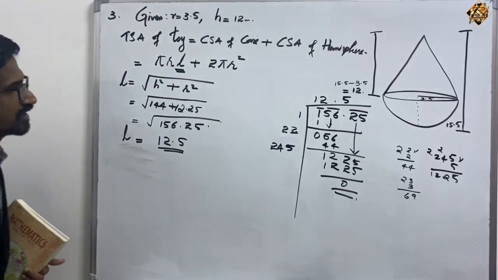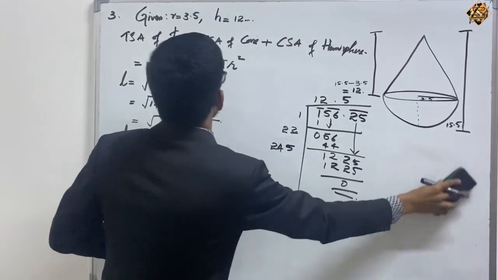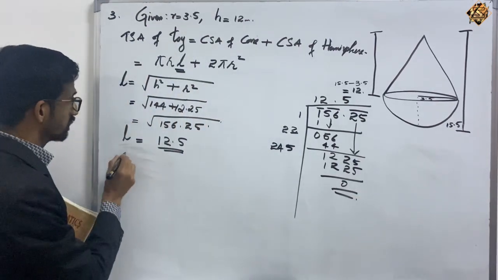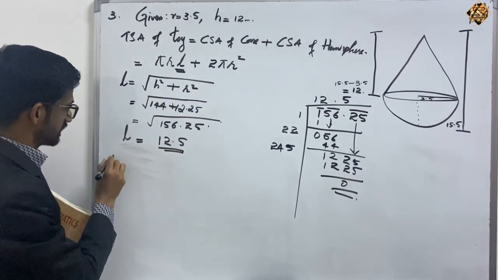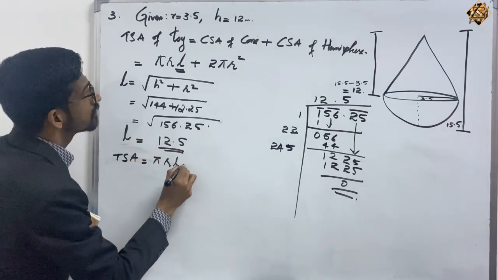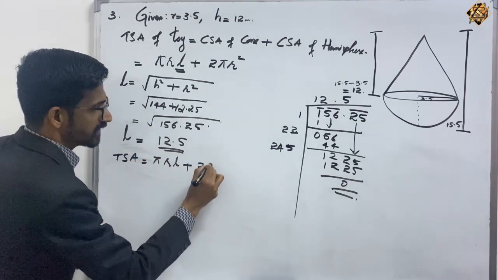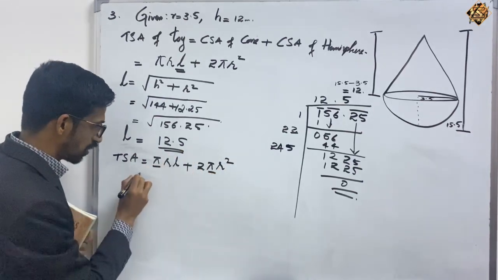Hope you got it. Now these values we will substitute in the formula. Therefore TSA equal to pi RL plus 2 pi R square. First of all, we will take pi outside the bracket.